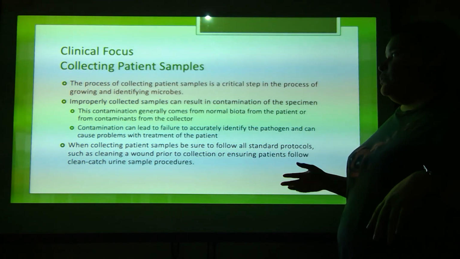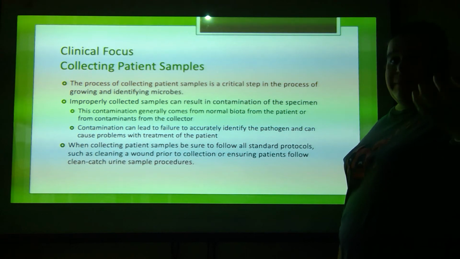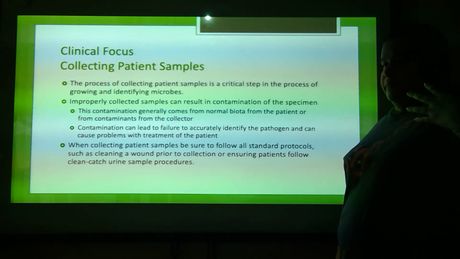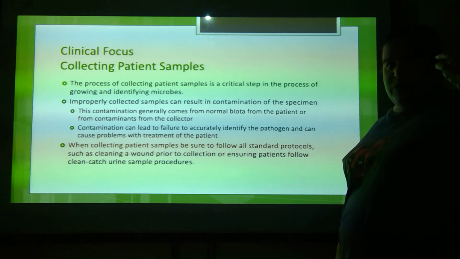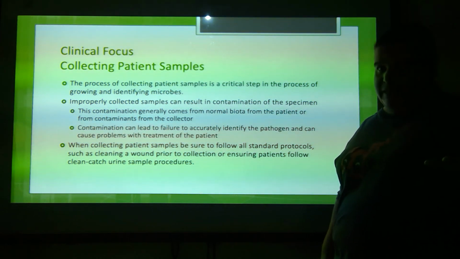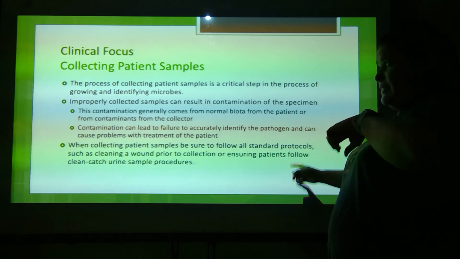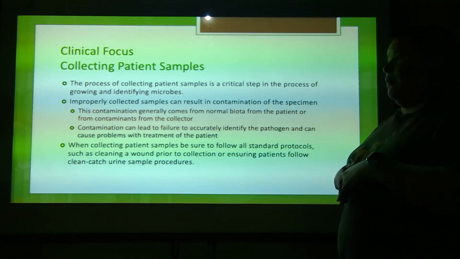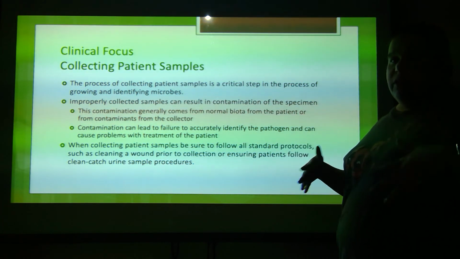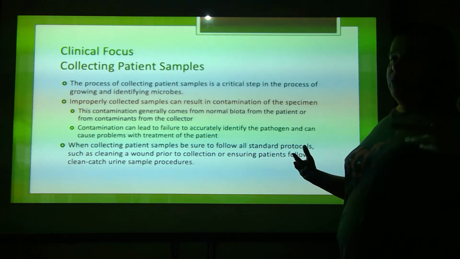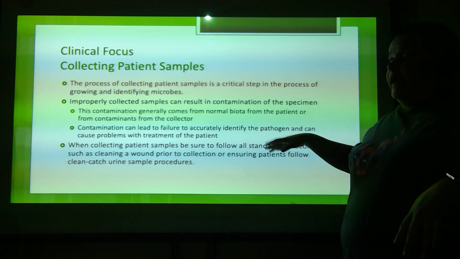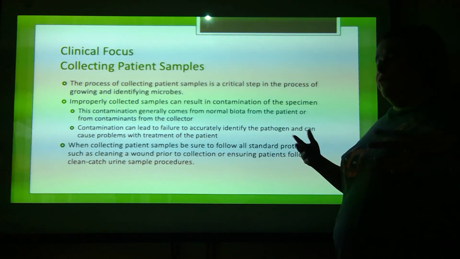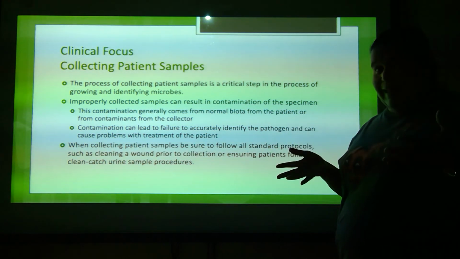Improperly collected samples can result in contamination of the specimen. You don't want contamination because then you can incorrectly identify what's making this person ill. Contamination generally comes from the normal biota, the normal bacteria, the normal microbes on the patient's body, or from contaminants from the person collecting that sample.